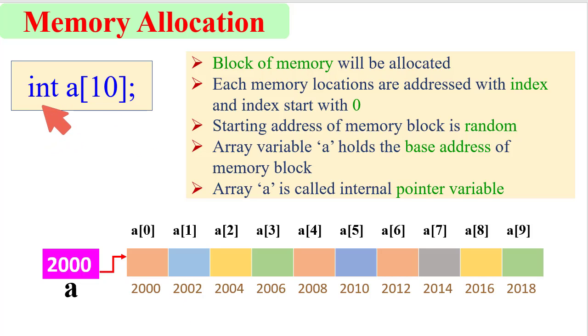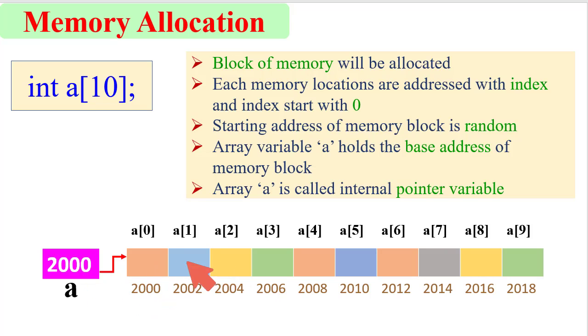In this case, we have defined that the array is integer type, and say integer type of data needs 2 bytes. So the first data needs the memory locations 2000 and 2001. The next data needs the memory locations 2002, 2003, and so on. Now there will be another box, another memory location, and this is for the array itself.